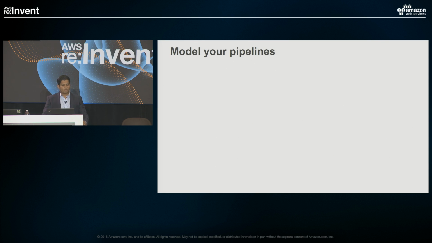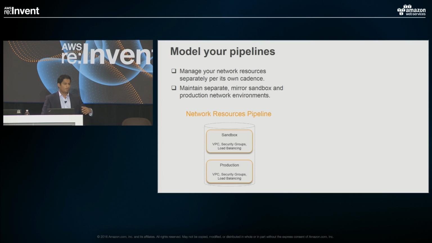That may not be the case for everybody, but I've taken that approach to modeling two separate pipelines. One's a network resource pipeline that can be managed at its own cadence. Within this pipeline, I've set up a sandbox environment and a production environment, both with their own VPC, security group, and load balancing. So applications can be deployed in each environment separately.